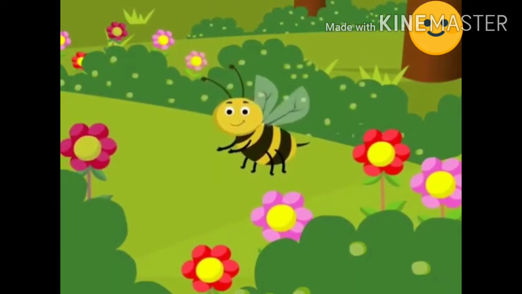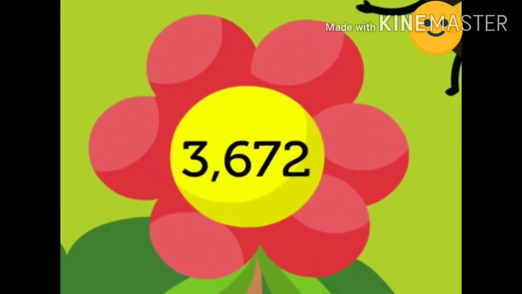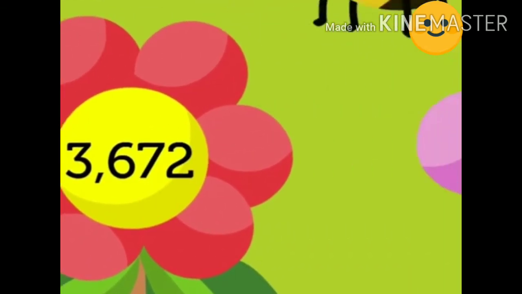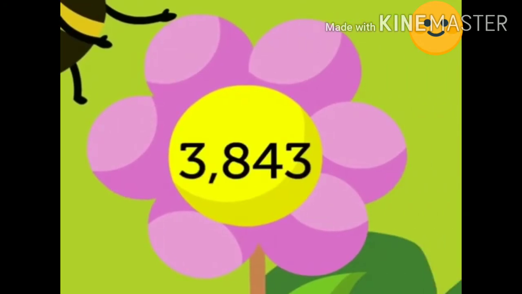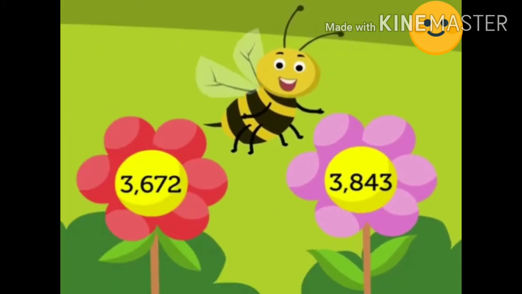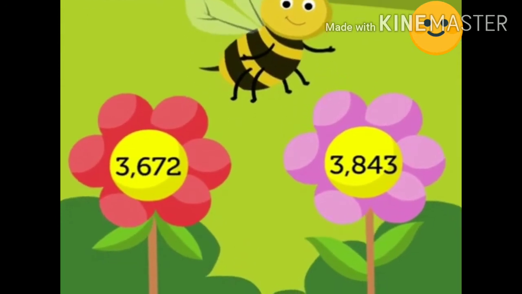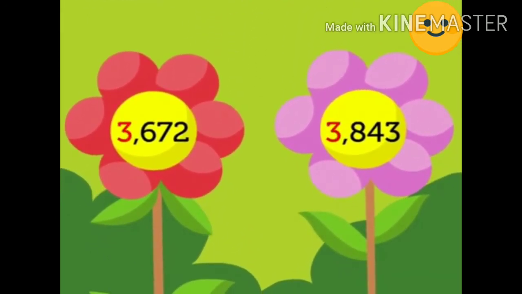Let us understand with an example. Look at the numbers 3672 and 3843 on the flowers. We begin by comparing the digits in the thousands place, that is 3 and 3. The digits are the same here. So now we compare the digits in the hundreds place, that is 6 and 8.